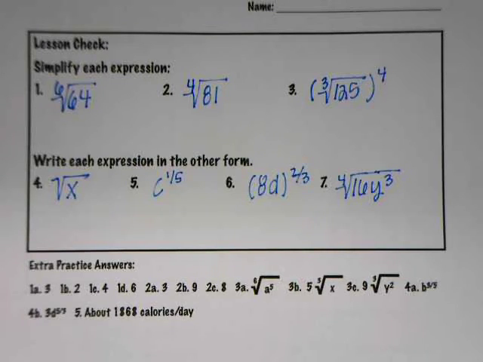Once you're done on the inside, you use the right arrow to get out from underneath the radical, so you can finish the parentheses, like this. It'll pop back out to the normal level after you're done underneath. And then you can close and then do the exponent. Or you can do it in pieces too. You can figure out what just the third root of 125 is and then do that to the fourth power separately.